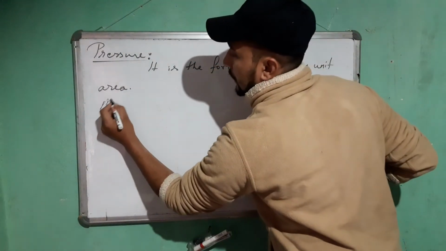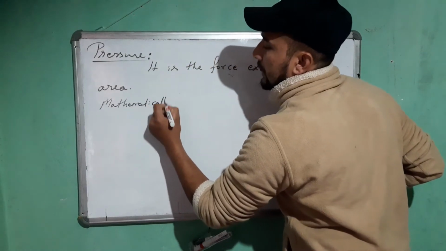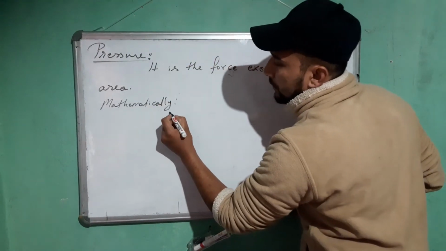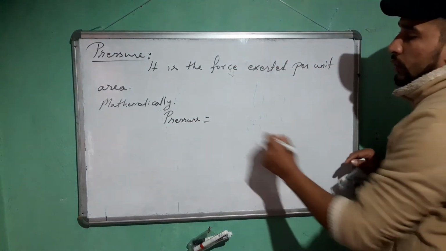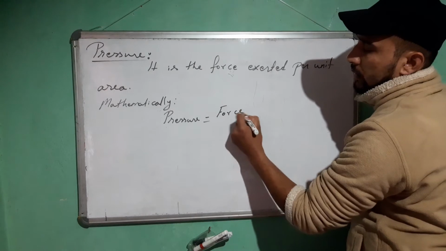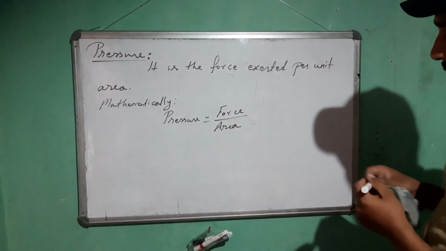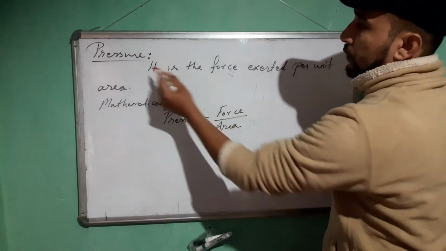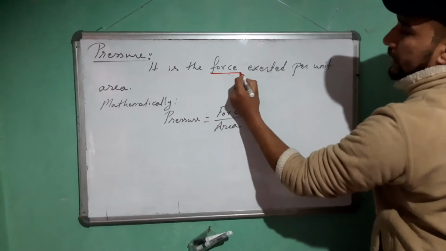Mathematically we define pressure as pressure equals force upon area. See, the definition says that pressure is the force exerted per unit area.